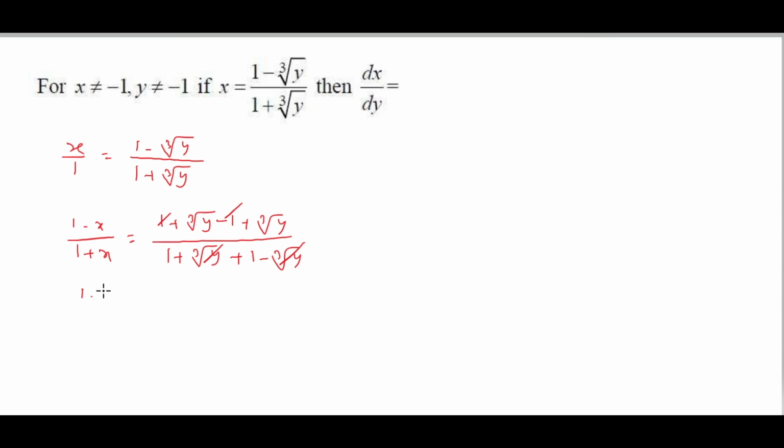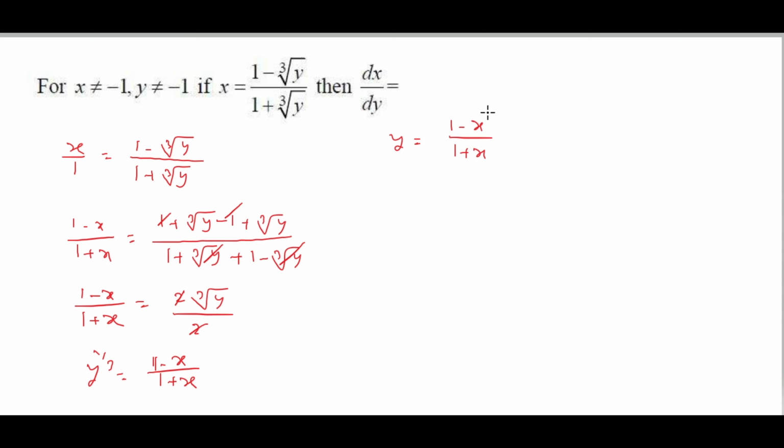Therefore (1 minus x) by (1 plus x) is equal to 2 into cube root of y by 2. Again 2 cancelled. So y to the power of 1 by 3 is equal to (1 minus x) by (1 plus x). Cubing on both sides, y is equal to ((1 minus x) by (1 plus x)) whole to the power of 3.